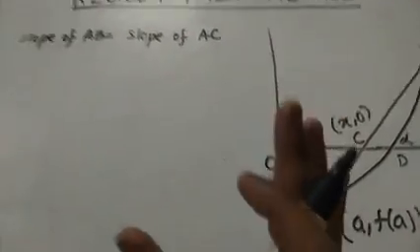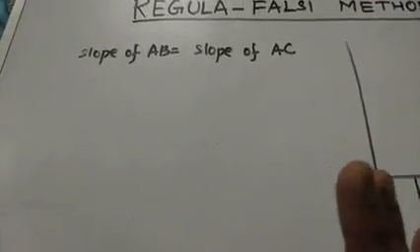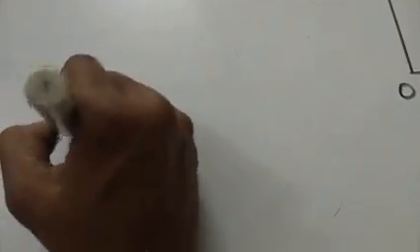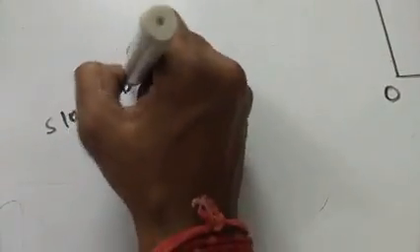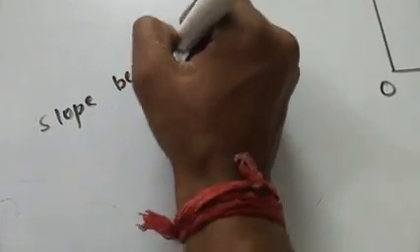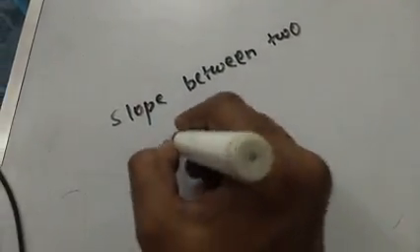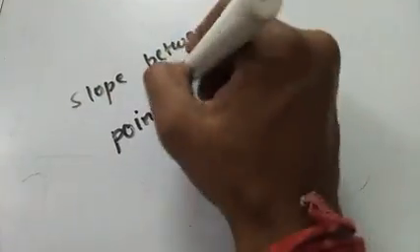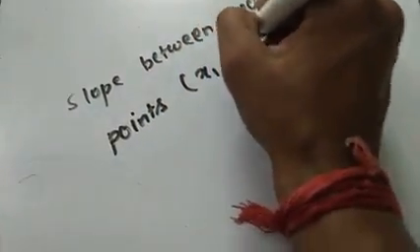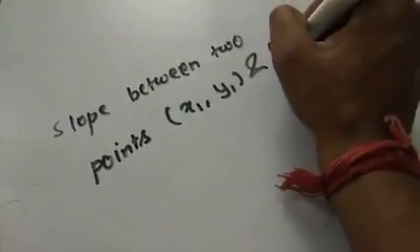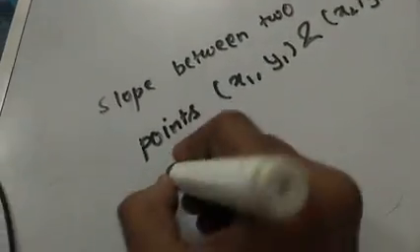Now first of all, a short revision of the formula of slope. Just remember that if I'm writing the slope between 2 points, say x1 y1 and x2 y2, what is the formula of the slope?